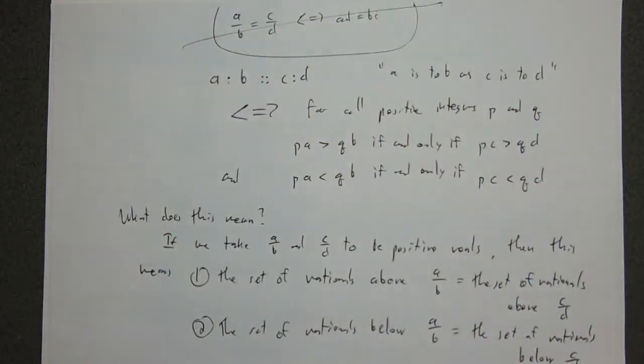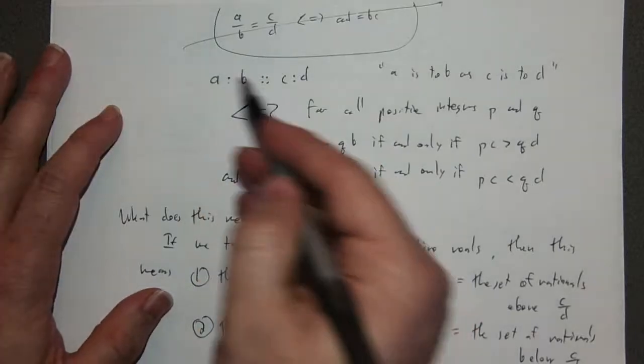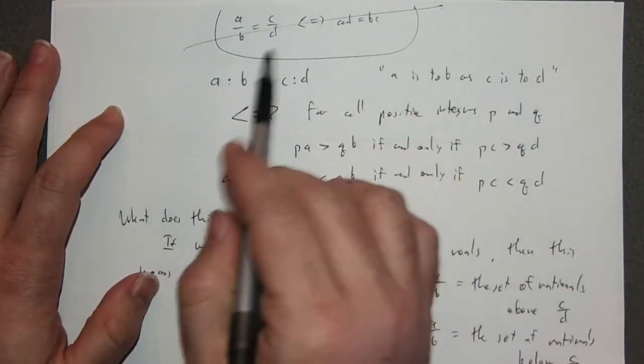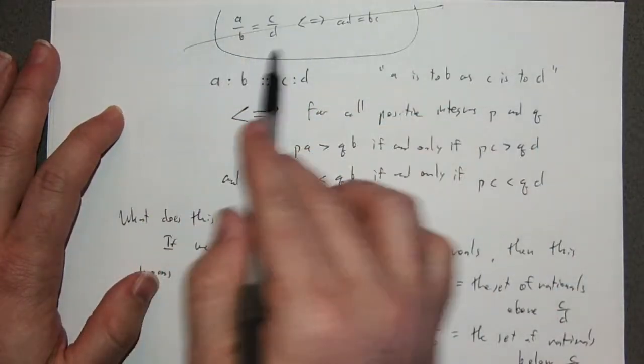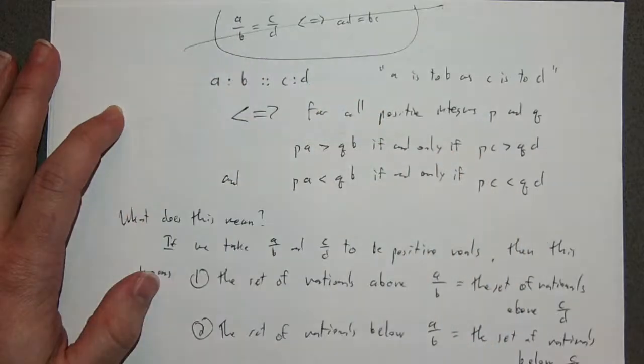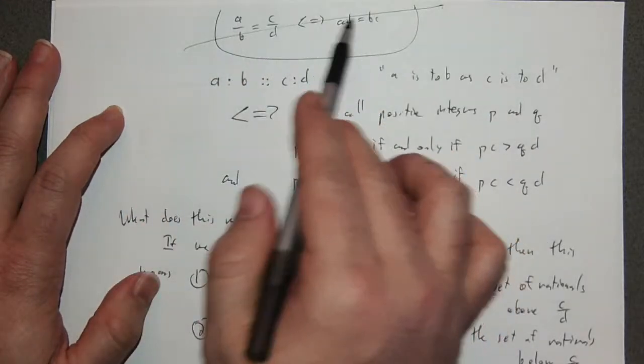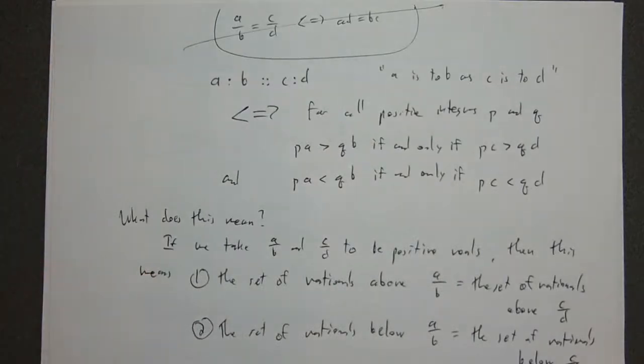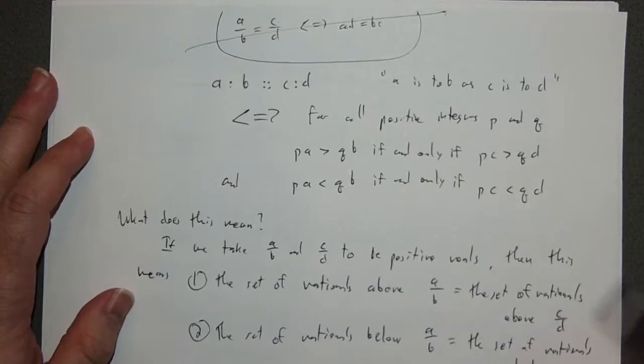I had mentioned defining two fractions to be equal if this cross multiplication worked out, if you had equality here. Because Eudoxus planned on using these ratios to define multiplication, he couldn't use multiplication to define the proportions, and so he was starting from scratch.